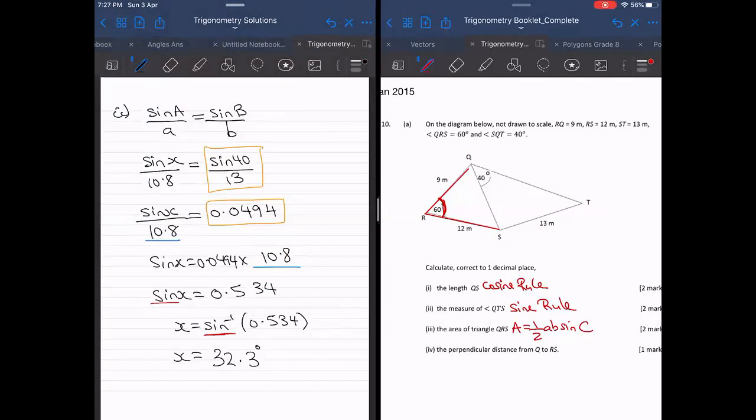So it's a half times 9 times 12 times sine 60. Calculators, guys, calculators.